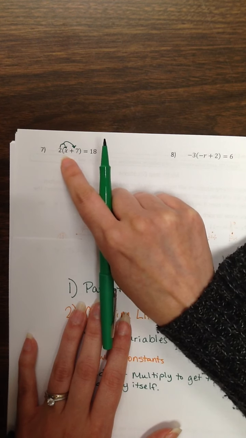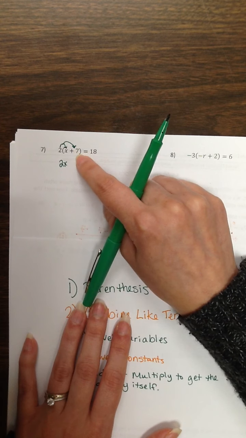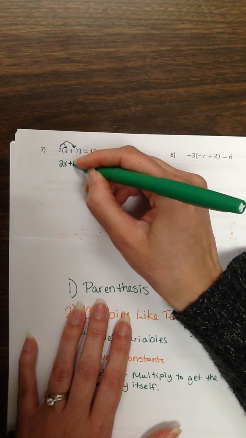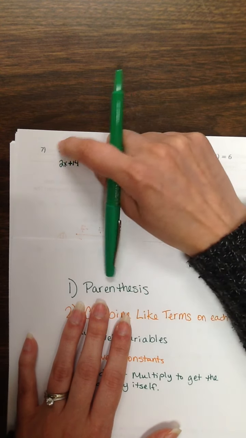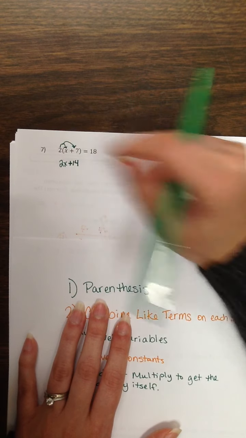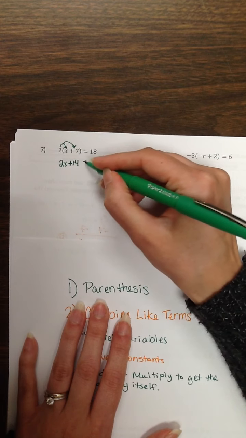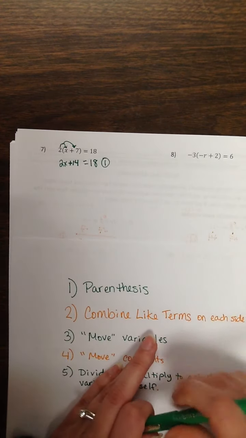Most people get 2x when they do that first term, but then they forget to bring the 2 times the 7 for that second term. You have to bring the 2, you're distributing it to both terms in here. So I get 2 times 7 is 14, and I'm copying down the rest of my problem.